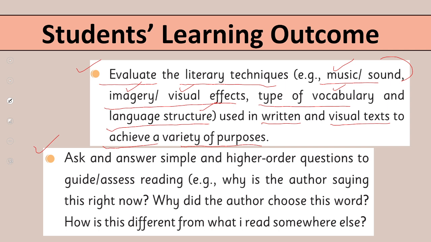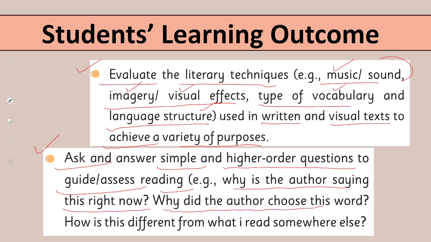Then, for the second SLO, ask and answer simple and higher order questions to guide or assess reading. For example, these types of questions: Why is the author saying this right now? Why did the author choose this word? And how is this different from what I read somewhere else?